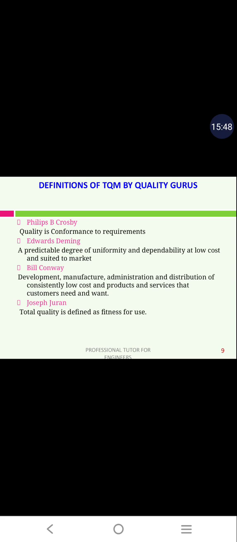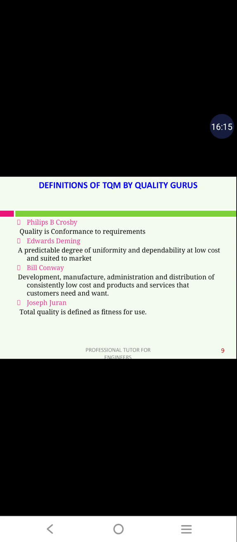And last, the fourth one is the TQM definition given by Joseph Juran. Joseph Juran says that total quality is defined as fitness for use. He is telling that, for example, if you say a product is of good quality, it should be perfect for use. Sometimes we may purchase some products that are not good, and you are not comfortable with that product.